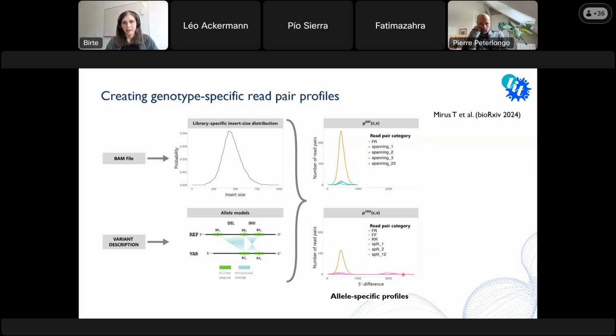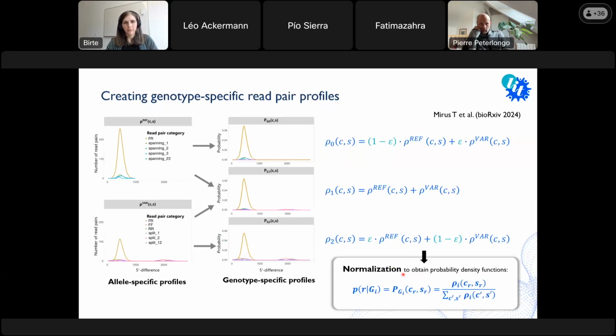So once we have these allele-specific profiles, we can then combine them into genotype-specific profiles. It's essentially a very simple linear combination of these allele-specific profiles.